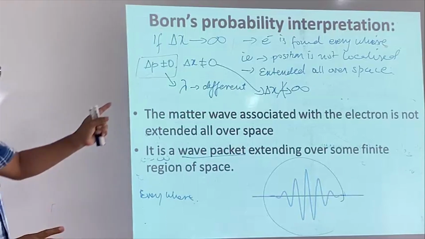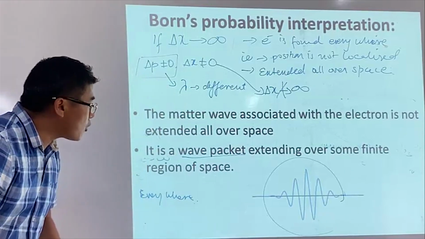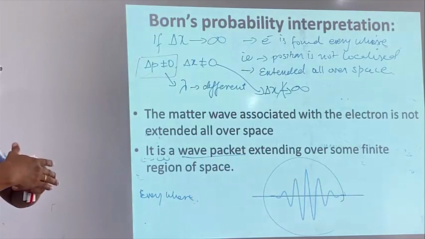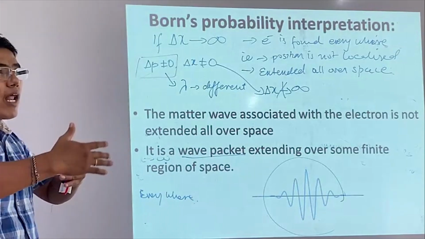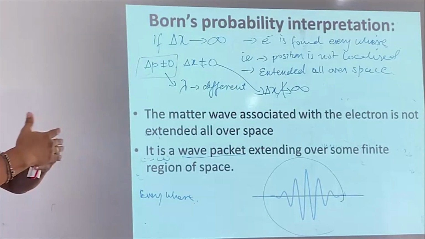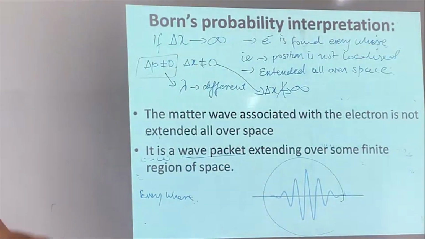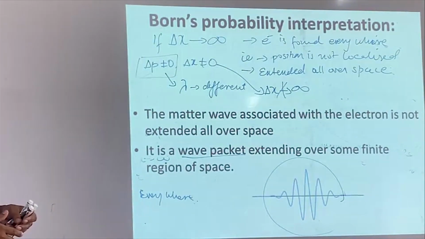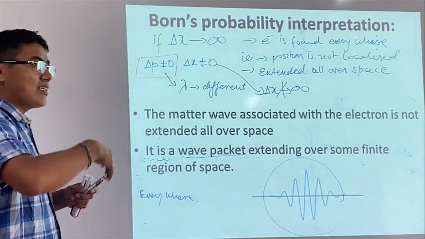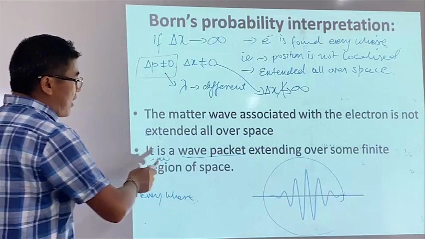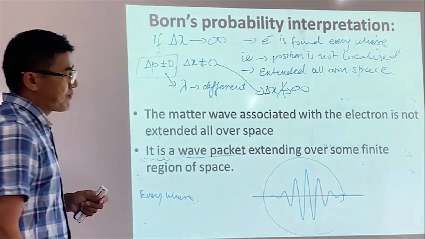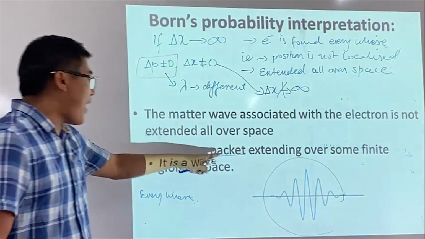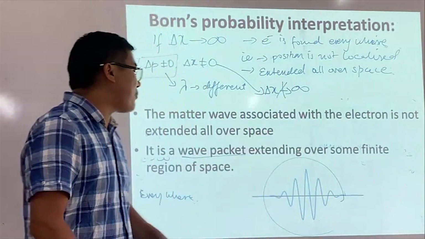If it is so, then the position of the electron is confined or localized in a certain finite region, with different waves of different wavelengths. This pattern is what we define as a wave packet. So it is a wave packet extending over some finite region.